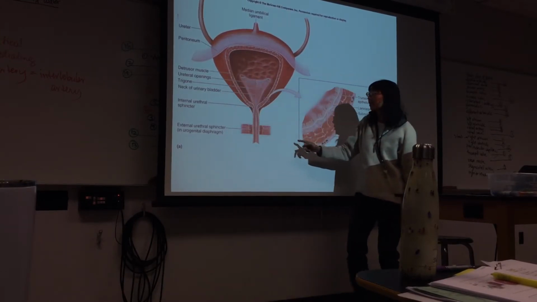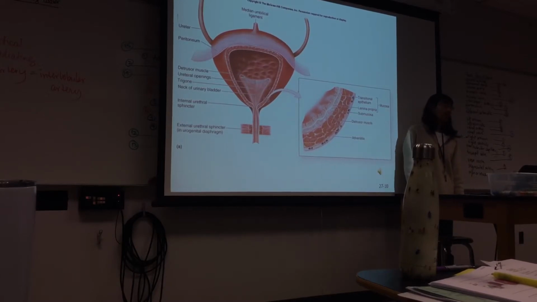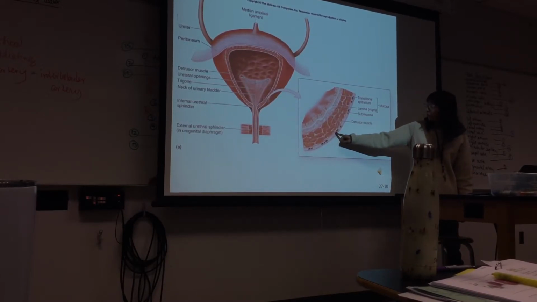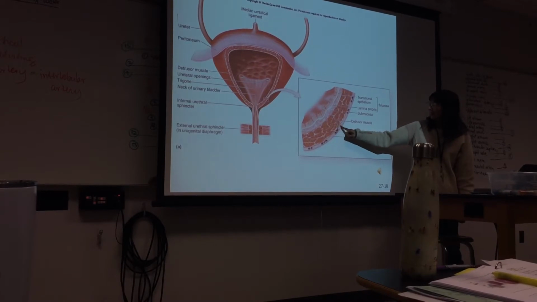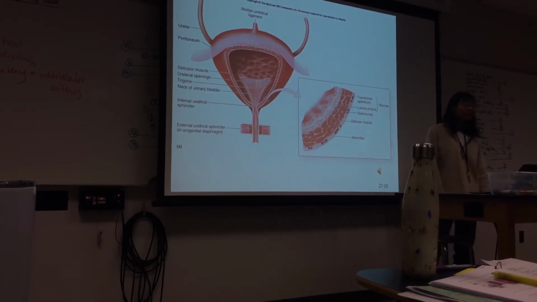So the outer layer is called what? Adventitia. And look, what are these little yellow, red and blue things? Little capillaries. Did we see little capillaries in the serosa last week? We sure did. Okay, so these 4 layers are a recurrent theme in a lot of organs in the body.